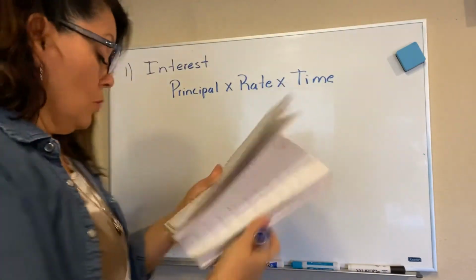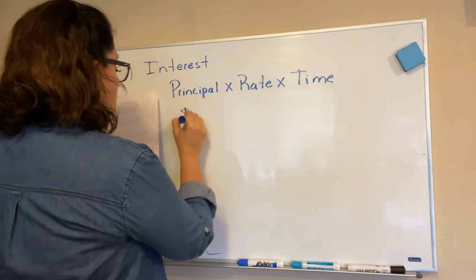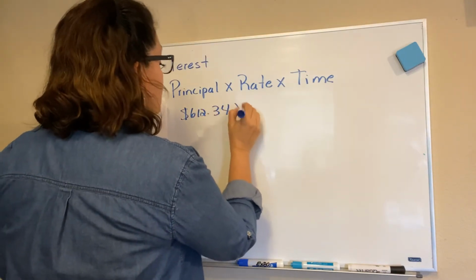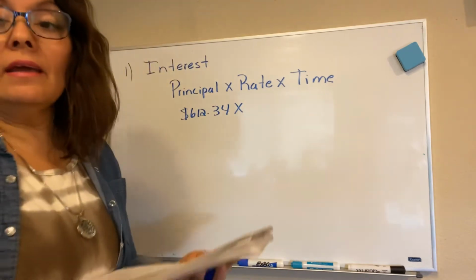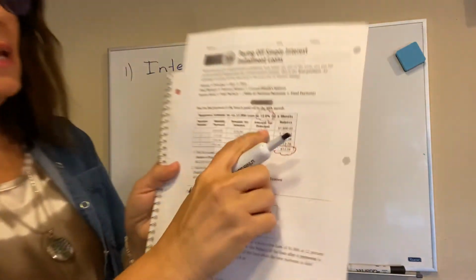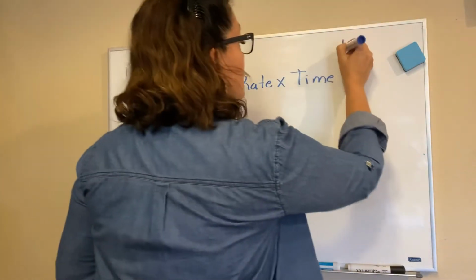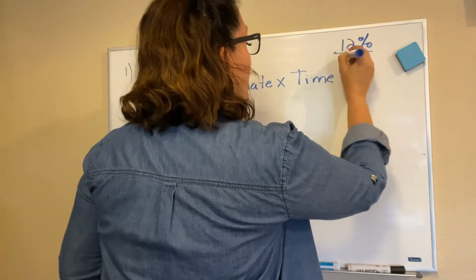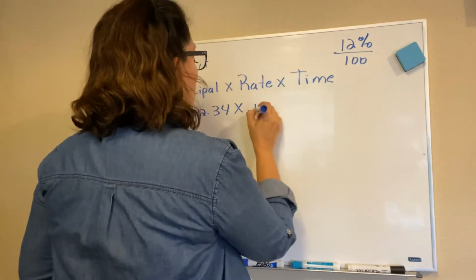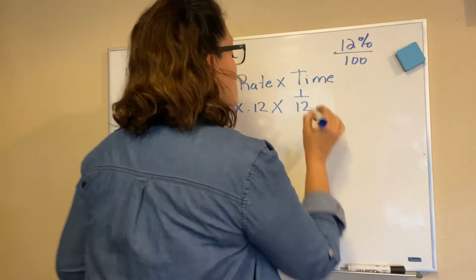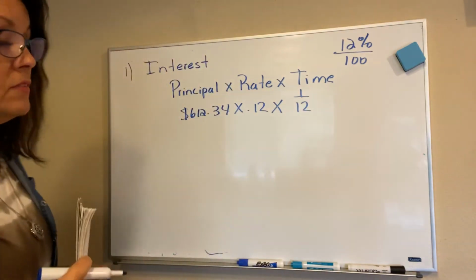Okay, so I would say it is 612.34 times the rate. It is right here, guys. It is the 12%. So 12% divided by 100 is going to give me 0.12, times the time. It is always 1/12. And I say, oh, it is a division.